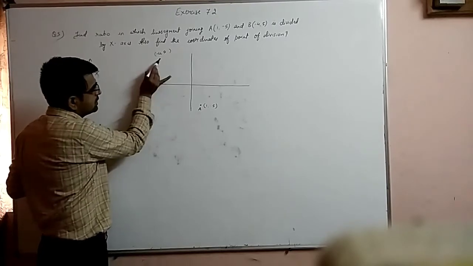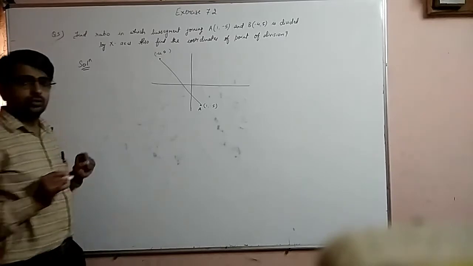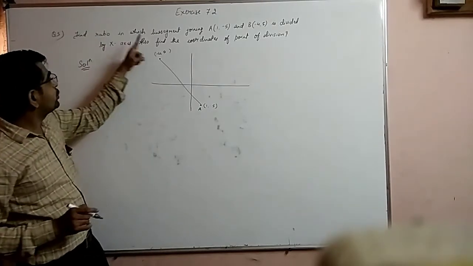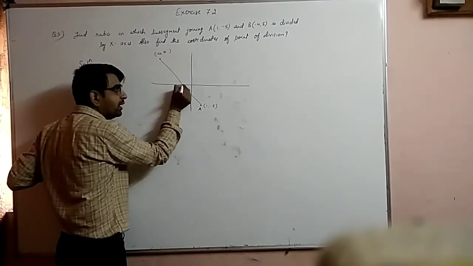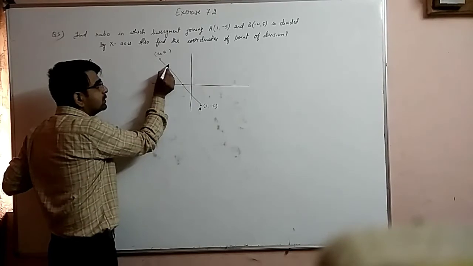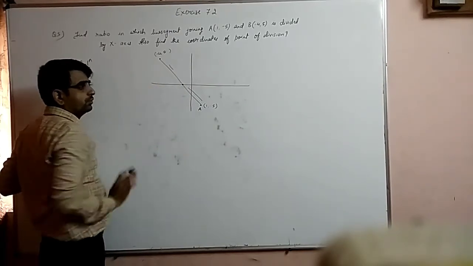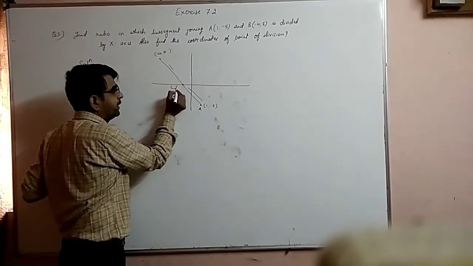So this is the line segment. Now, what do we have to find? We have to find the ratio in which the line segment is divided by the x-axis. That means we have to find this ratio. Okay. Fine. And we also need to find the coordinates of this point.